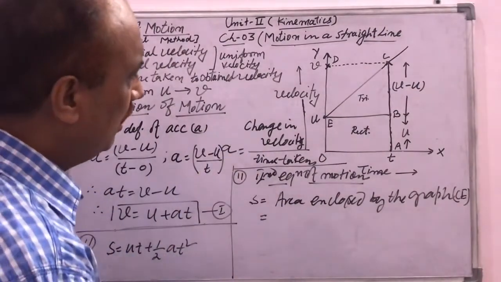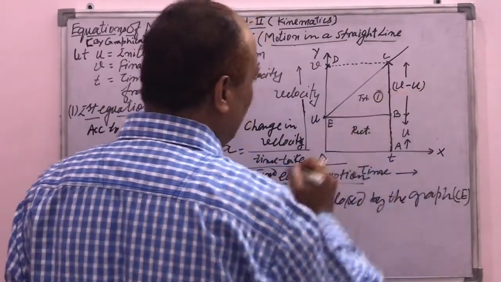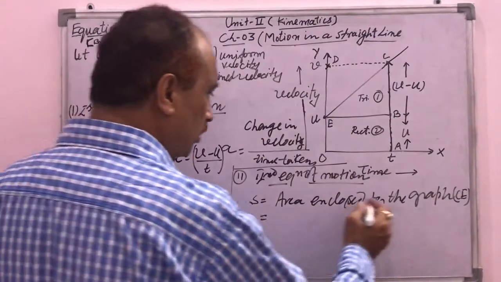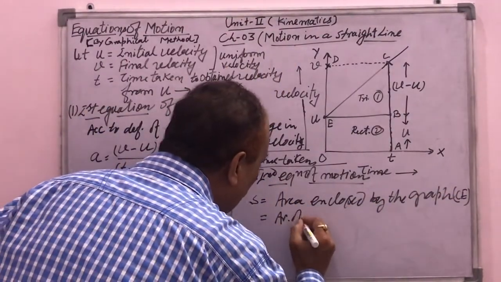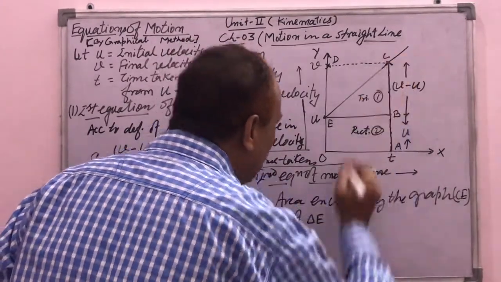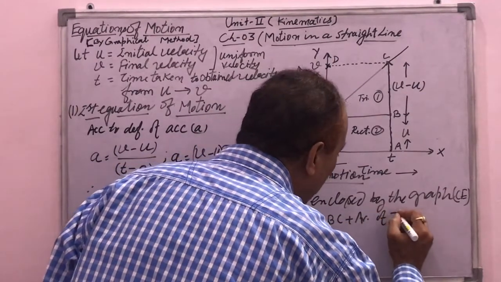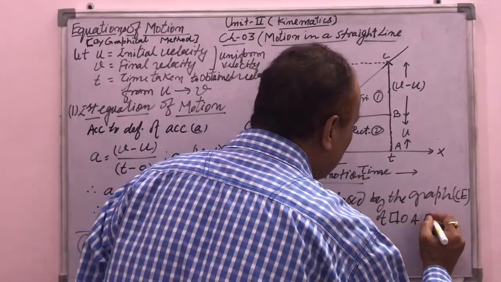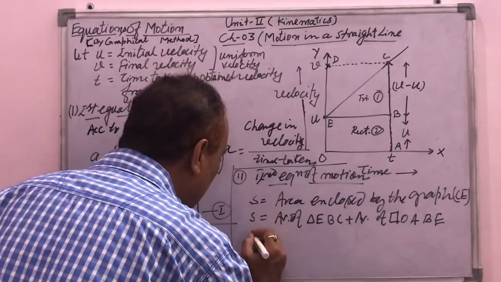This area is divided into two parts: number one, the area of the triangle, and number two, the area of the rectangle. Now the area enclosed by the graph is equal to the area of triangle EBC plus the area of rectangle OABE. From this formula we can find the distance.